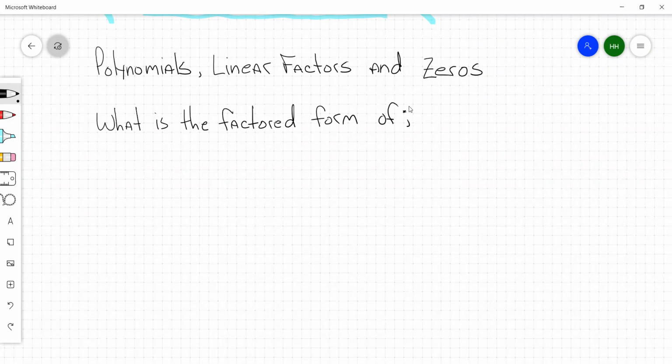So we're going to start off with x to the third minus 2x squared minus 15x.